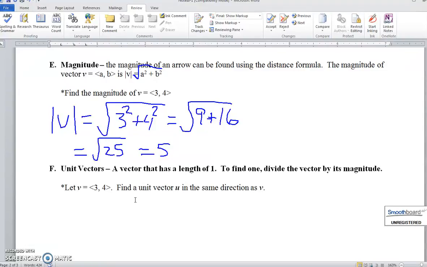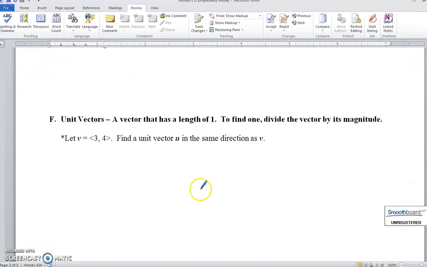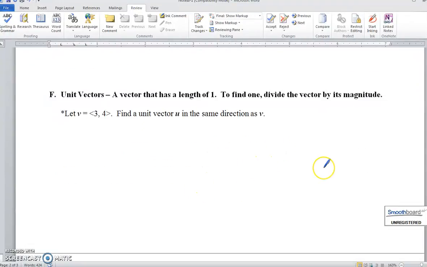So if we want to find a unit vector based off of a given vector, we simply divide the given vector by its magnitude. So again, we're going to use 3 comma 4, and if we were to move on to part F, if I want to find a unit vector that goes in the same direction as the vector 3 comma 4, I simply divide 3 comma 4 by its magnitude.